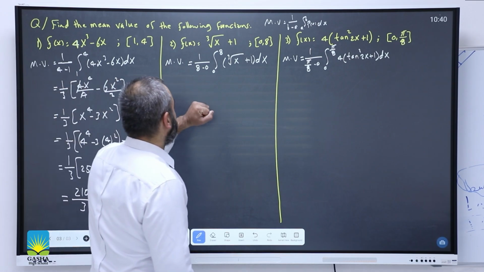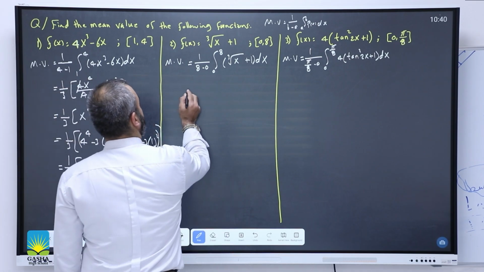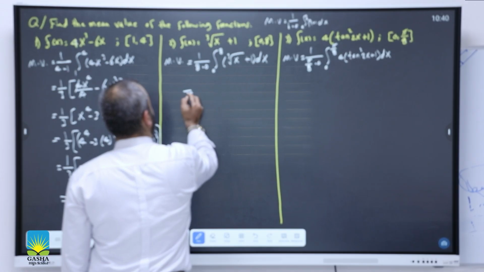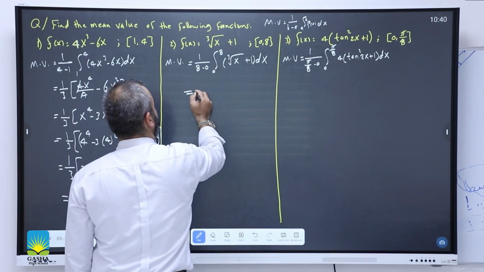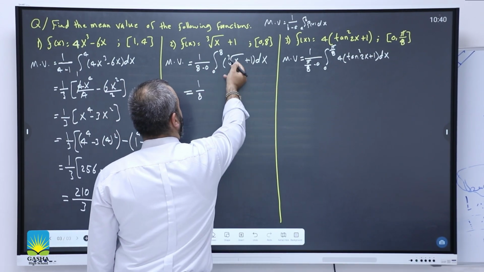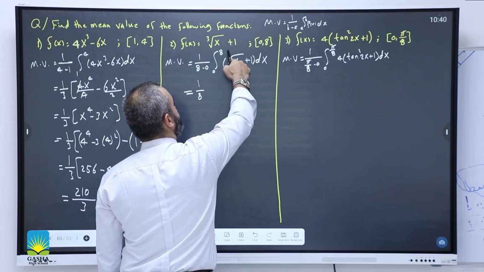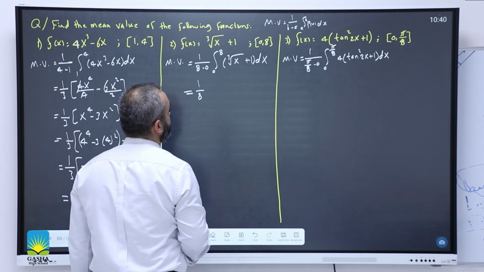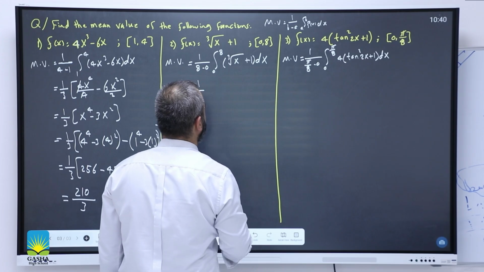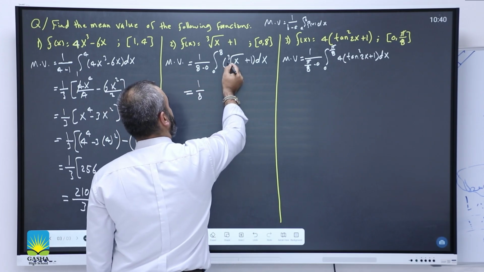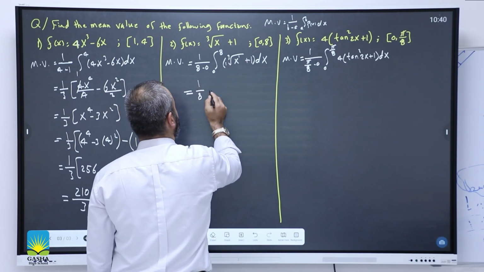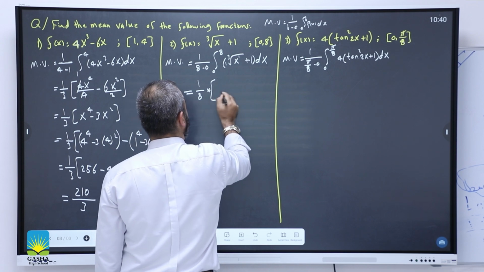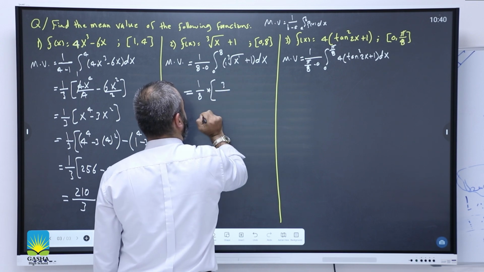What about the second? What is 1 over 8 minus 0? 1 over 8. How to integrate this cubic root? We use the nth root rule: we have 1 here and 1 here, times 1 times 3, it's 3.